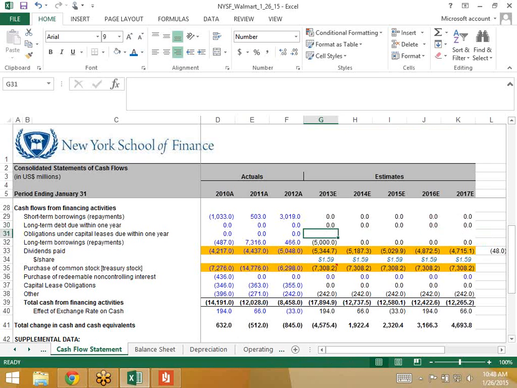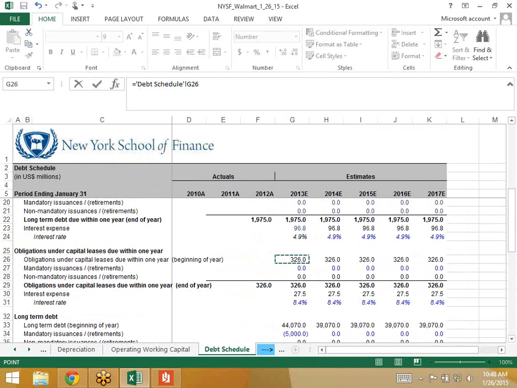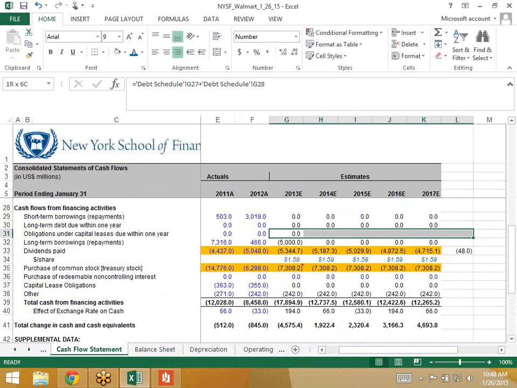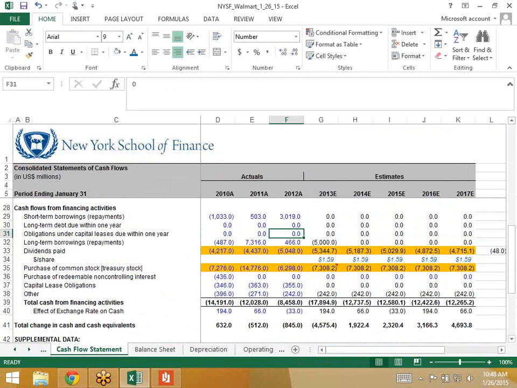For the capital leases due within 1 year, this should link in from the debt schedule: obligations under capital leases due within 1 year, mandatory plus non-mandatory. So now we have a cash flow statement line item for every debt that we've raised, and you want to make sure that each of those line items links in from the debt schedule.